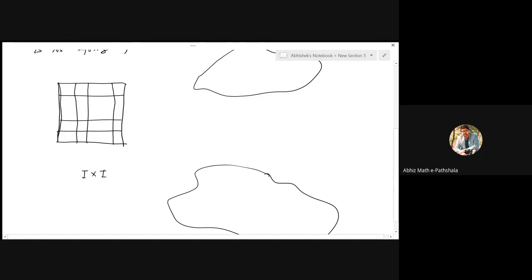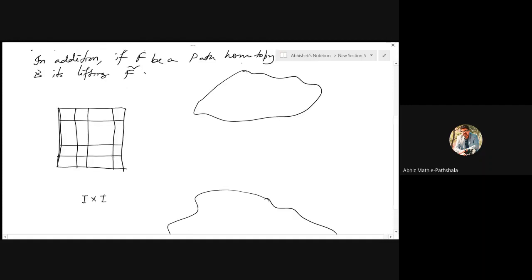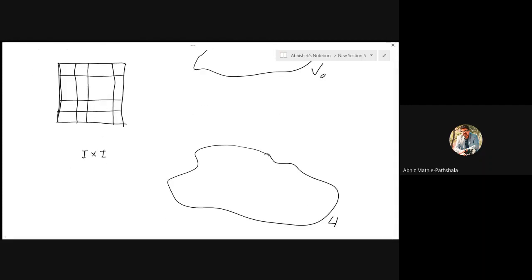I have already told you that P inverse B is a discrete space, and in each slice it must have exactly one point. So if E naught belongs to P inverse B naught, then that E naught will be in exactly one slice, and that slice I have chosen as V naught, right?